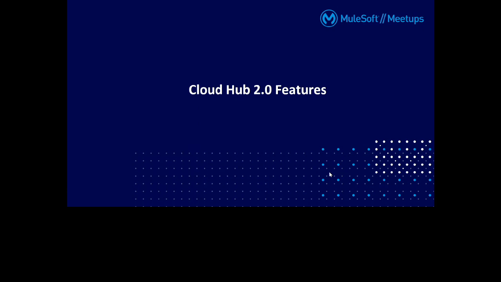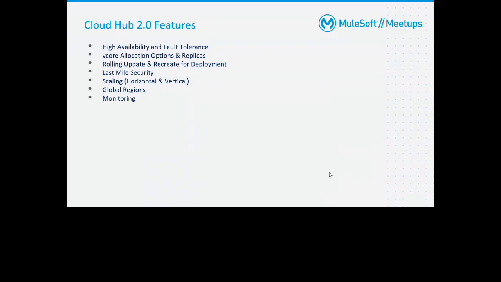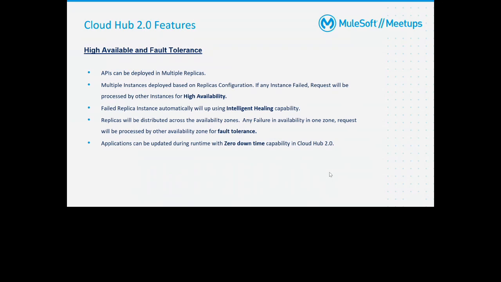Okay, so CloudHub 2.0 features. It lists some of the features: high availability, fault tolerance, vCore allocation options and replicas, rolling update and recreate for deployment, last mile security, scaling of the application, global regions and monitoring. First is high availability and fault tolerance.